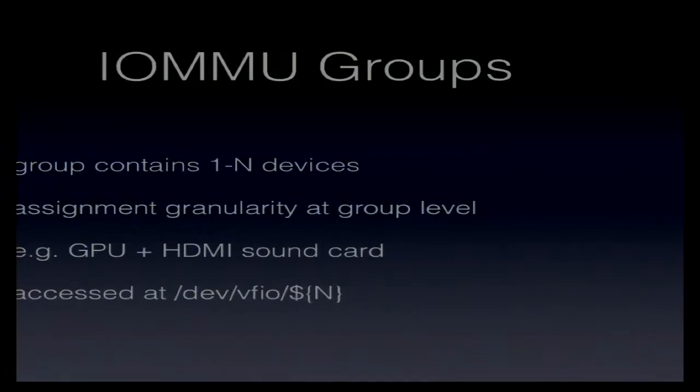If you have a regular graphics card, it probably comes with a sound card on it for the HDMI output. And in this case, both of these devices on a single card will be in one IOMMU group. So when devices are bound to VFIO PCI, they become accessible at /dev/vfio/ and the group number.